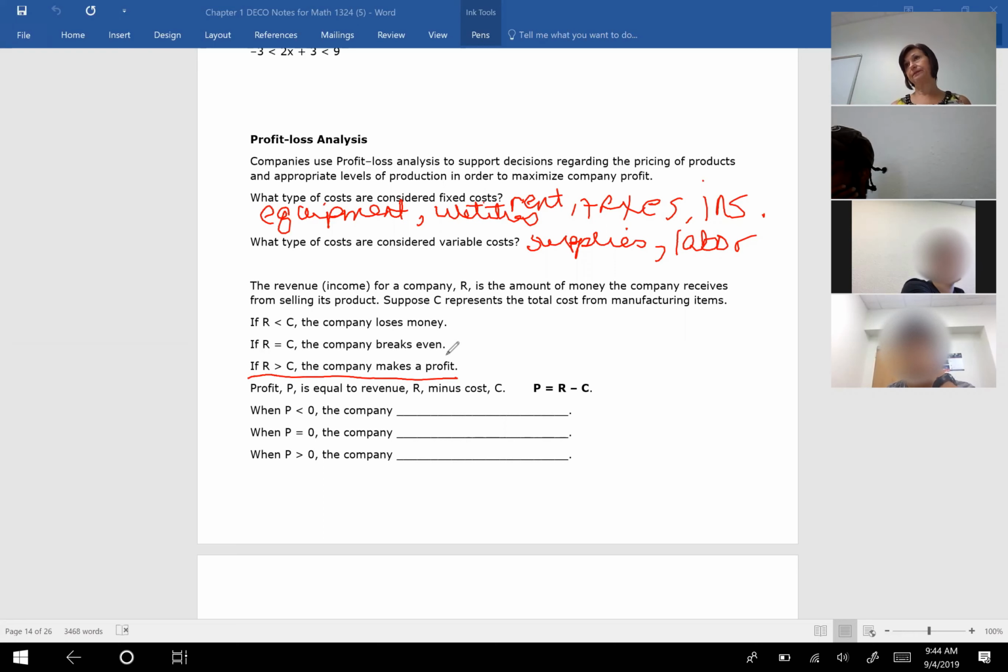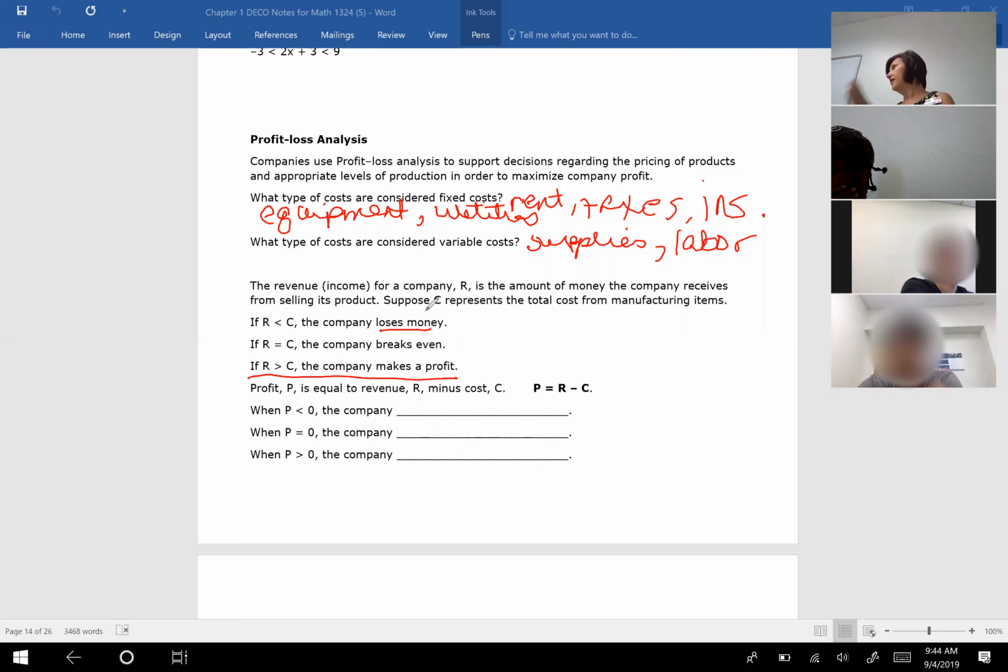Is revenue the same thing as gross? Your gross income would be, yes, your total revenue, the amount that you're bringing in. Net would be what you have after you take out for those costs, and that's your profit. So if we don't bring in more revenue than what our costs are, your company is losing money.